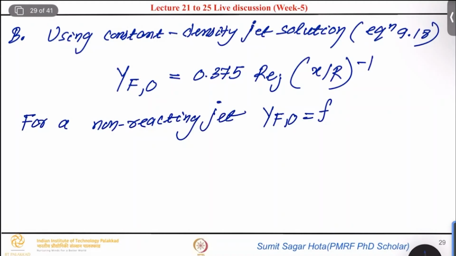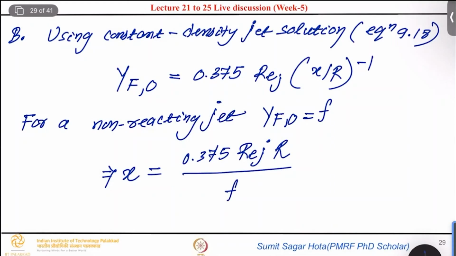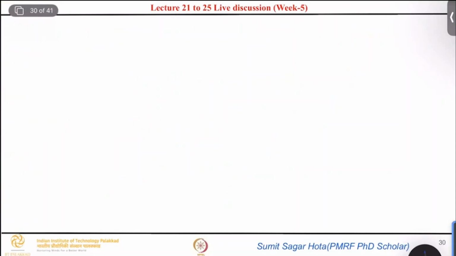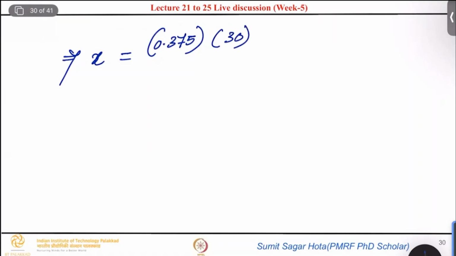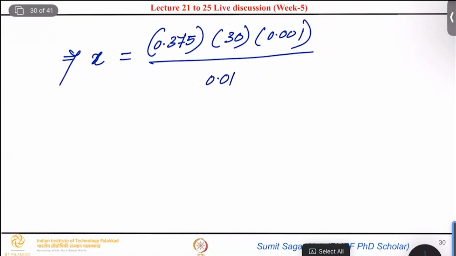Now the above formula reduces to x is equal to 0.375 Rij of R divided by F. Now let's substitute the values. x is equal to 0.375 into 30 into 0.001 divided by 0.0196.